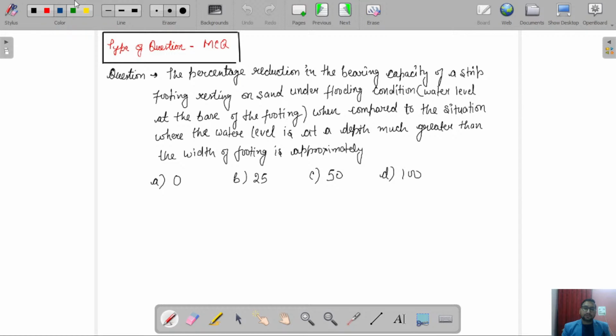Try to answer this one. What will be the reduction in bearing capacity if water level rises from a much greater depth to the foundation level?